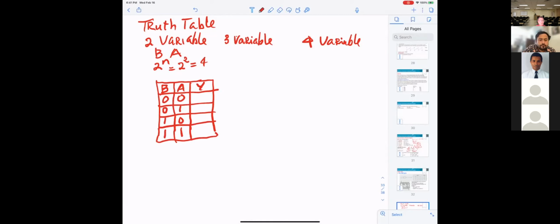Now, for three variable, you get C, B, A. How many combinations? 8 combinations. Right, 8 combinations.